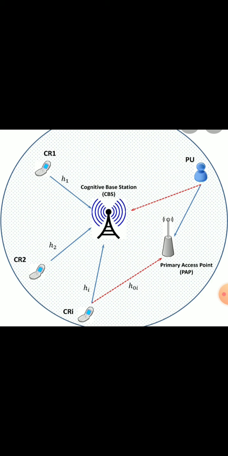Spectrum efficiency can be improved with dynamic spectrum allocation. The cognitive radio network is used for efficient spectrum utilization. That's why we need the cognitive radio concept.